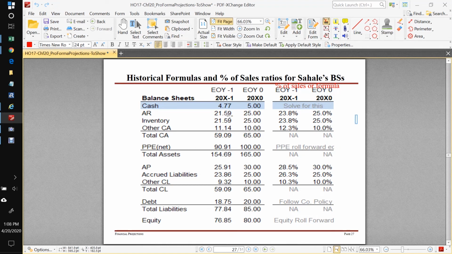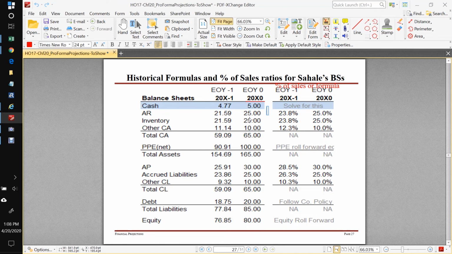Okay, so no special formula for accounts receivable, no special formula for inventory, no special formula for other current assets. So I just get the percent of sales for each of these, and 20x0 is easier for me to point out to you, because the sales in that year I've rounded off to an even 100 million.